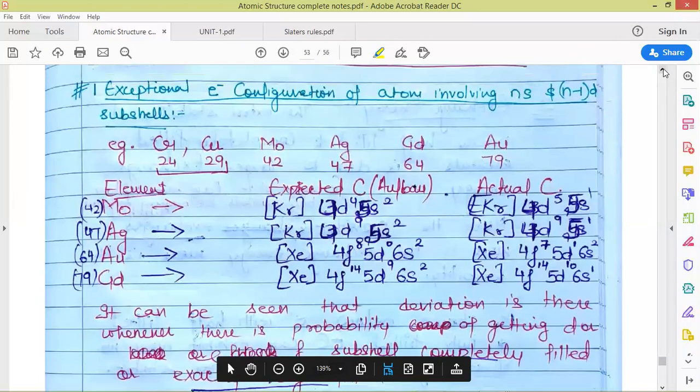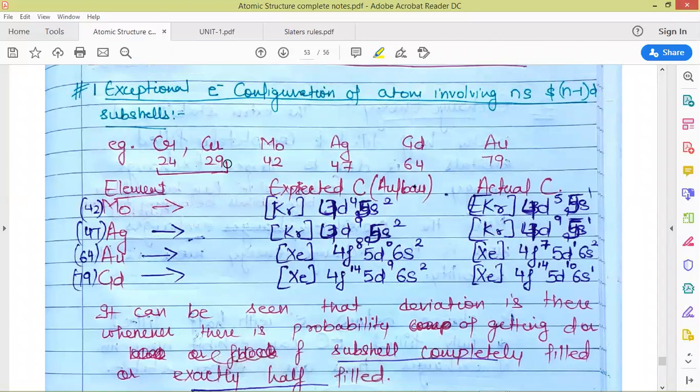The electronic configuration of chromium and copper we have already discussed. The other exceptions in the d block elements are molybdenum, which has atomic number 42.